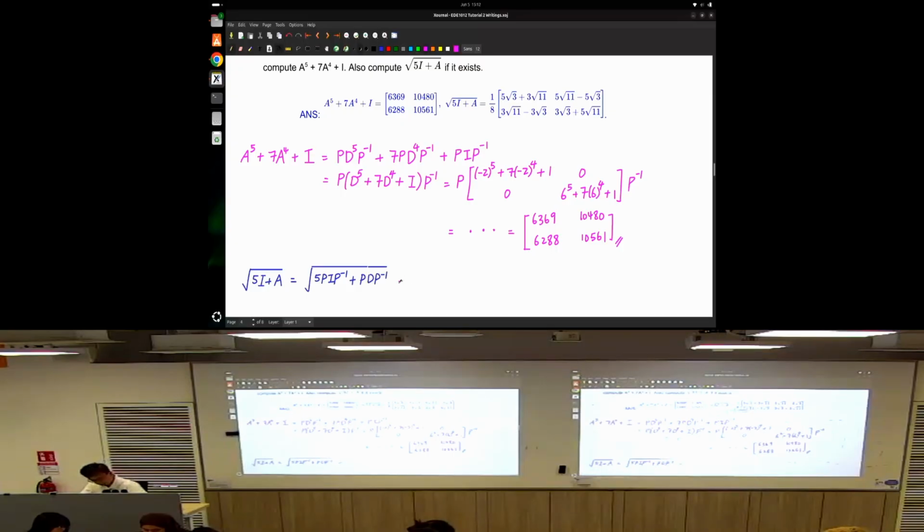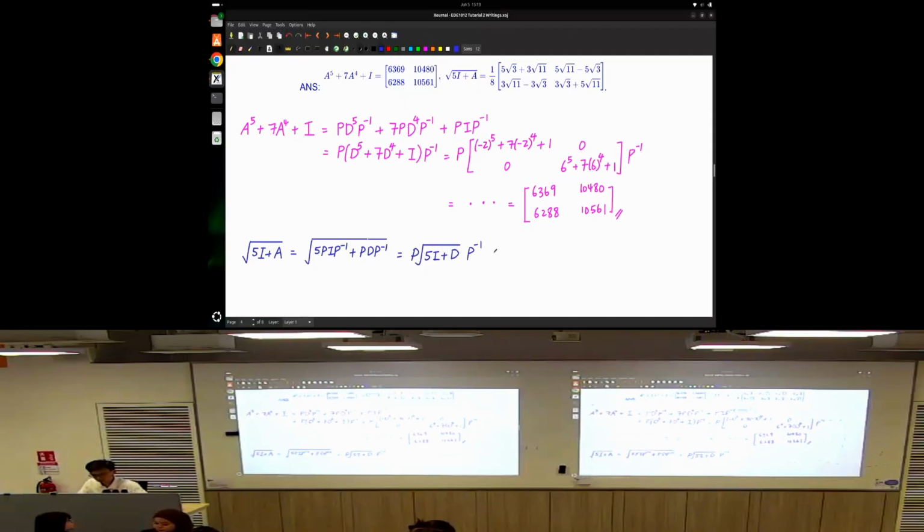Whatever function you apply, you just apply to the diagonal. So P can be factorized out, and this becomes P times the root of 5I plus D, times P inverse. Then the root you just apply to the diagonal elements. So this must be the root of 5 times I, which is 5, plus D.